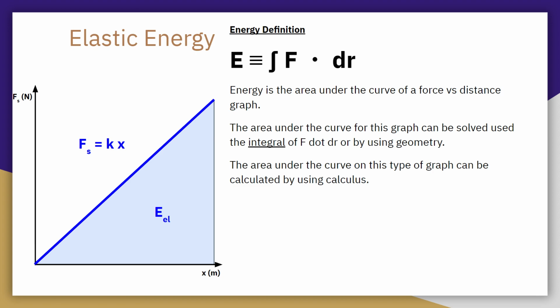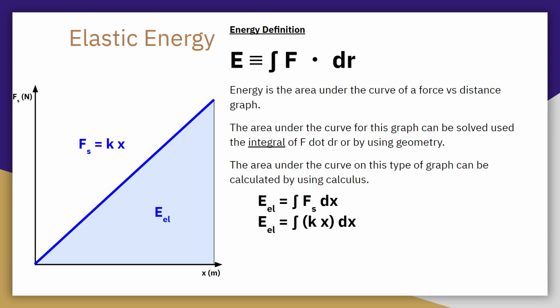We can solve for that exact same equation by actually using an integral. So our elastic energy is the integral of the restoring force of the spring dx. Now, you might notice that the dot product is removed from this equation. That's really just because our restoring force of the spring is in the exact same axis as our displacement, so the dot product would be the equivalent of a multiplication operation here.